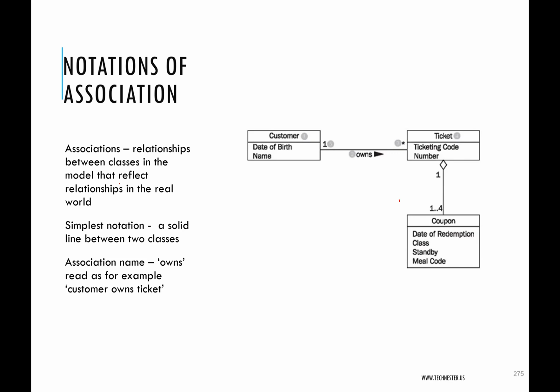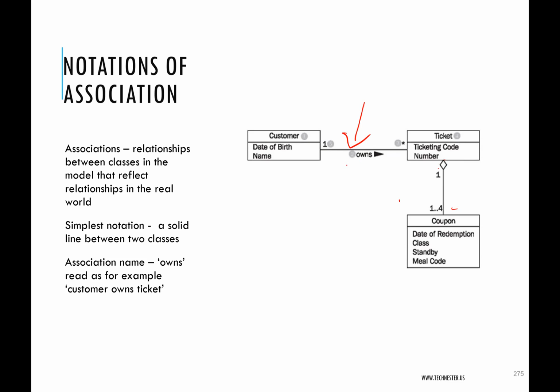It usually represents the association relationship by just a solid line between two classes like this. This solid line is an association relationship. This is not an association relationship. This is an aggregation. You can see the diamond on top and the line. But this solid line is an association relationship.